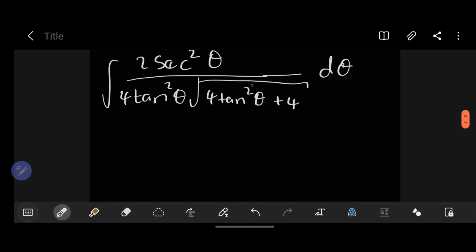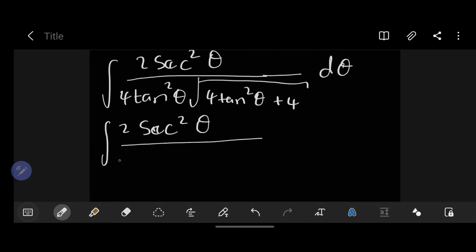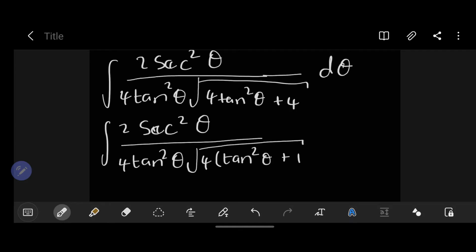Then I need to simplify this part. I need to take the common factor, which is 4, so that I'm left with tan squared theta plus 1. So 2 secant squared theta over 4 tan squared theta times the square root of 4 times tan squared theta plus 1.